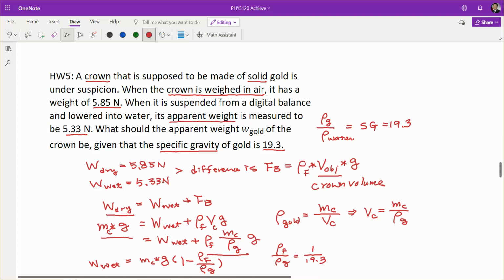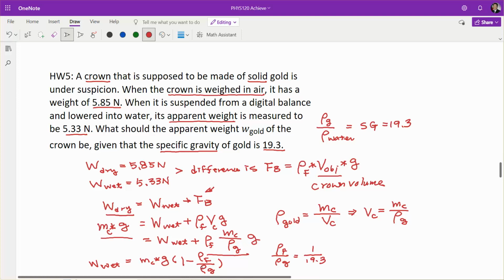All you need to understand in this problem is how we find the buoyancy force. And be careful, there are two different densities here. You need to know which density is the correct density.